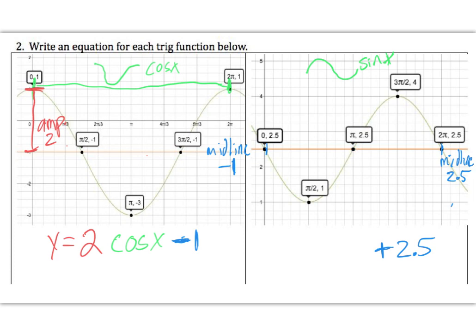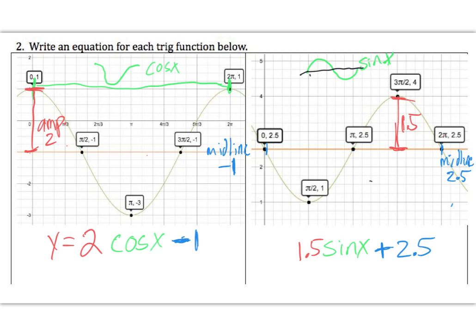We already said this is going to be a sine of x. Let's talk amplitude. So for the amplitude, we're going from 2.5 up to 4. That's 1.5. And then we have one other thing going on. Sine of x has this shape where we go up and then down and then back up.